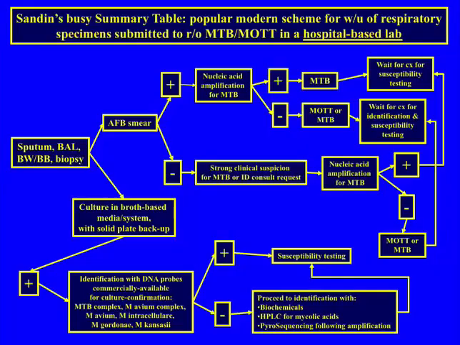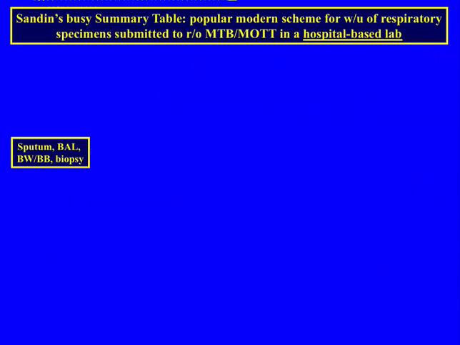Well, we're going to follow our very busy summary table, where I've pretty much broken down the more popular modern scheme for working up respiratory specimens submitted to rule out mycobacteria in a hospital-based laboratory. So I'm going to make it easier for you by walking you through it with PowerPoint.